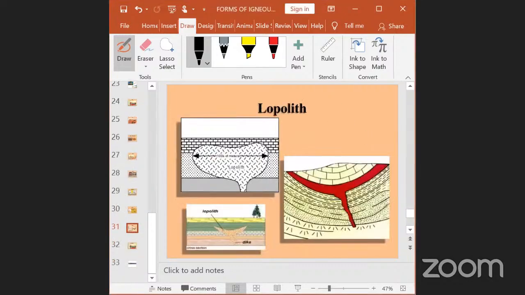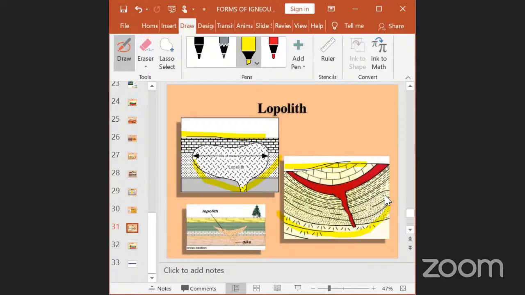The next, lopolith. You see here, the lopolith is like a basin, right? A saucer-shaped concordant intrusive body of enormous size. Its top is nearly flat, and the bottom is convex, that is, downwards, right?